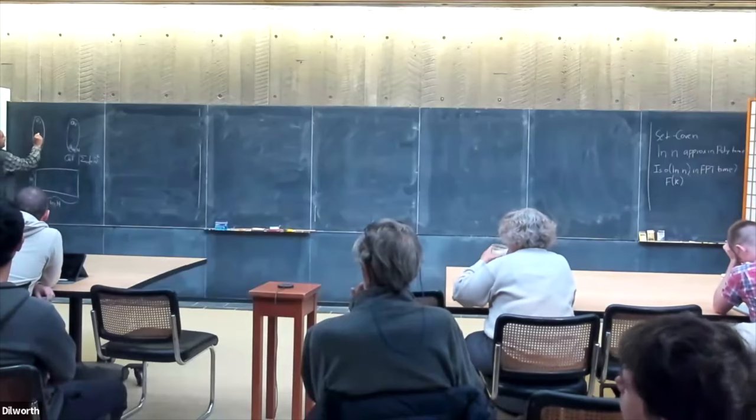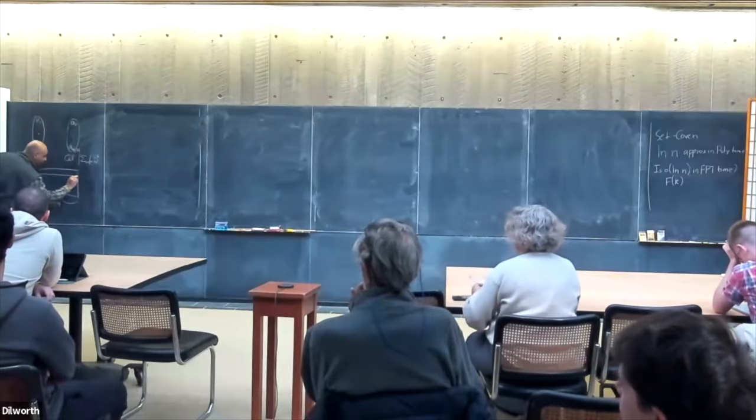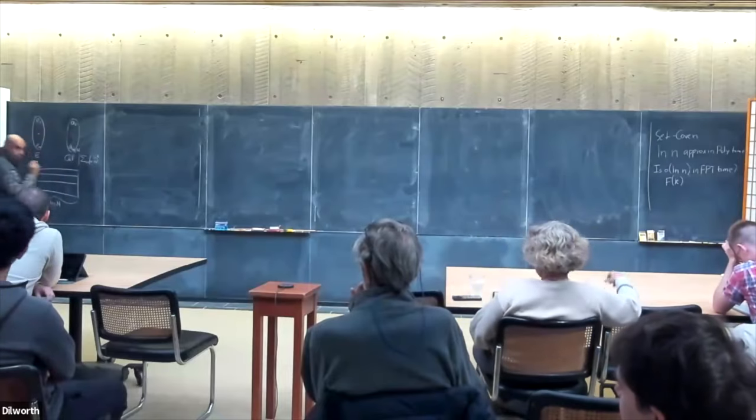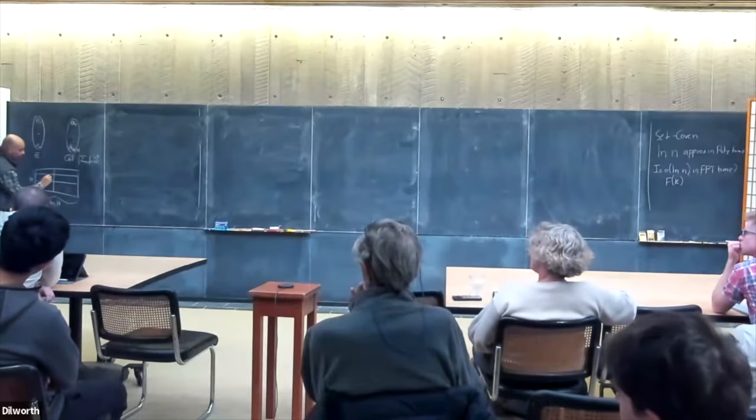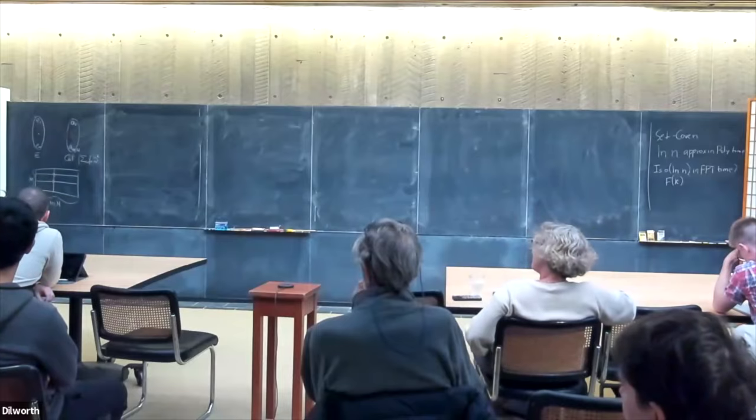A particular guy here will have access to this row and this row, and one of these will have column this one. So let's just check consistency on this point and this point.